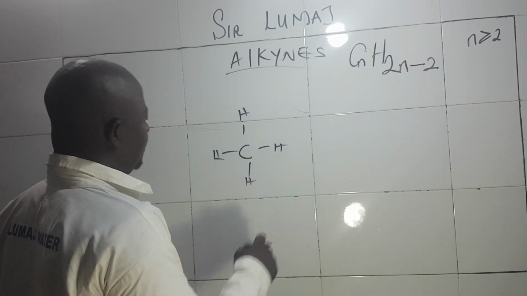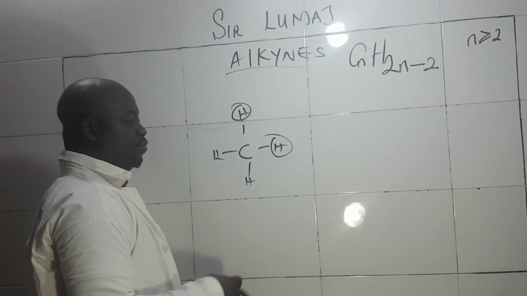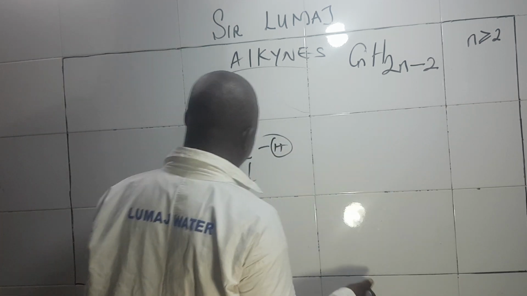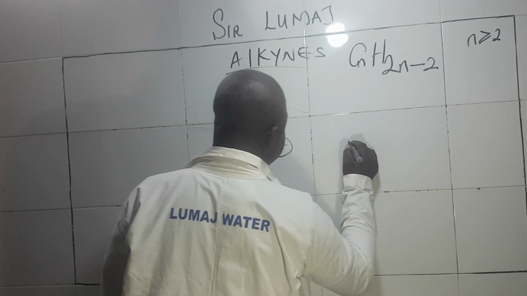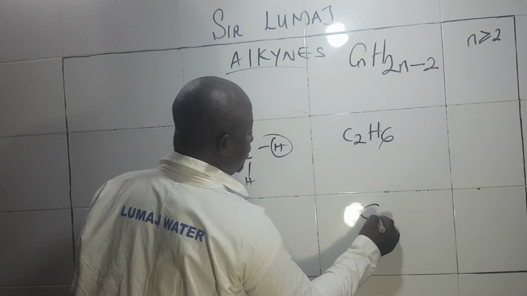What happens in your alkane is that two hydrogens are removed. A very good example we could use is ethane, C2H6, where you have this.